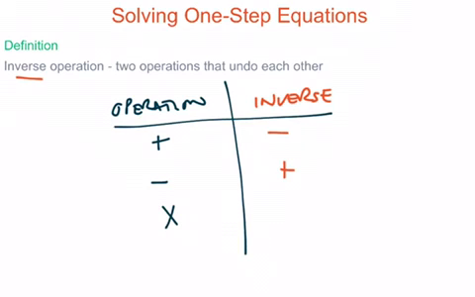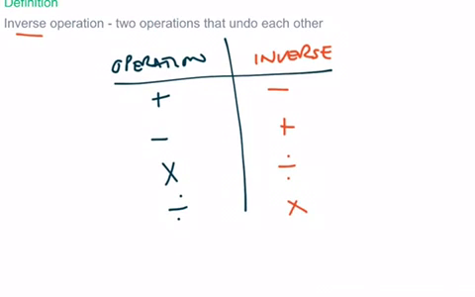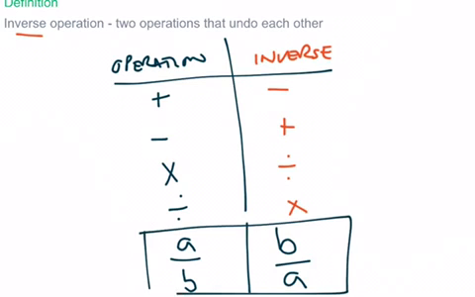The opposite of multiplication is division, and the opposite of division is multiplication. There's one more that you should know. The inverse of multiplying by a fraction is multiplying by the reciprocal of that fraction. We're going to get to this in the next section, but this is something that you should know as well, okay?